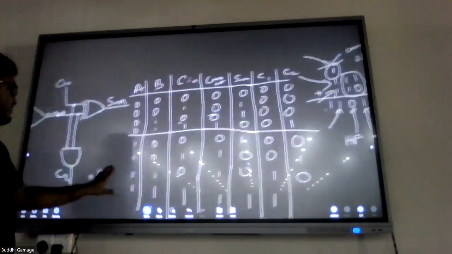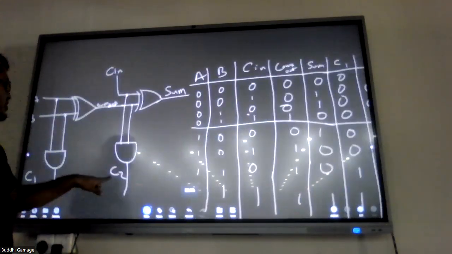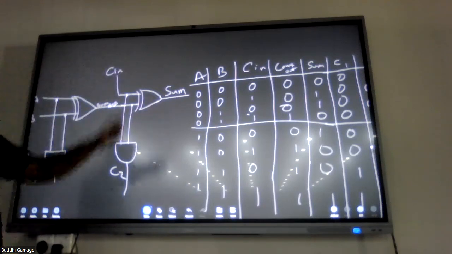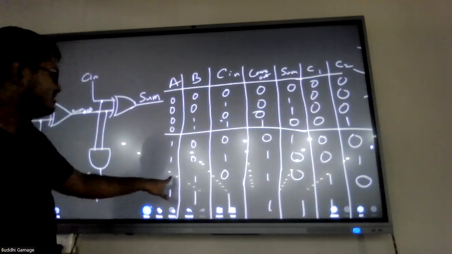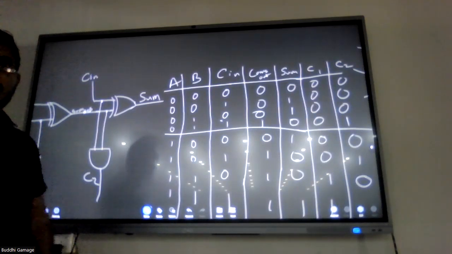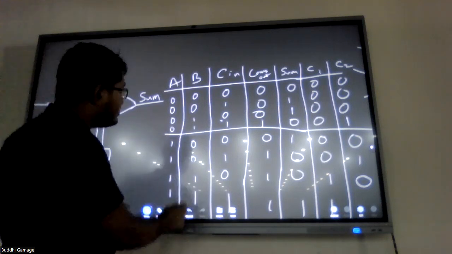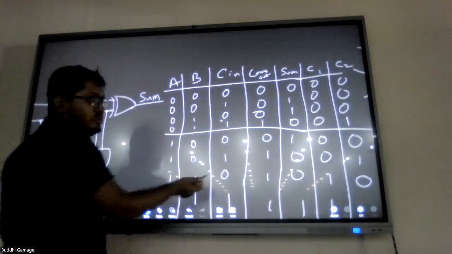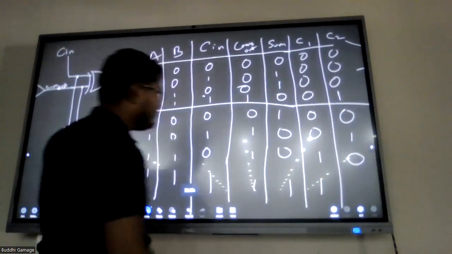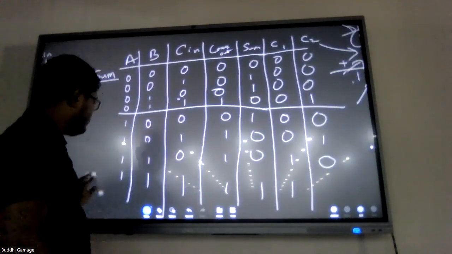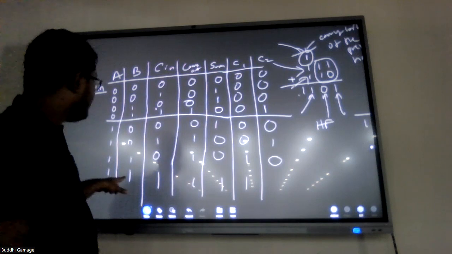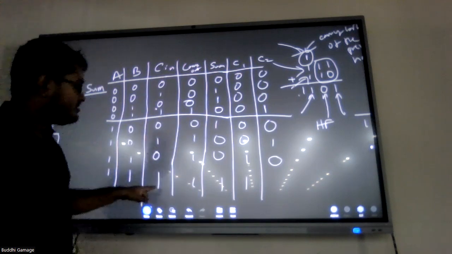Did you identify? Here this C2 is the summation of A plus B and C in. So in this case, summation is 0, right? 1, 1. The sum will be 0, right? Sum is 0 and 0 and 0. The answer should be 0, right? So for here as well, summation is 0, 0 plus 1.